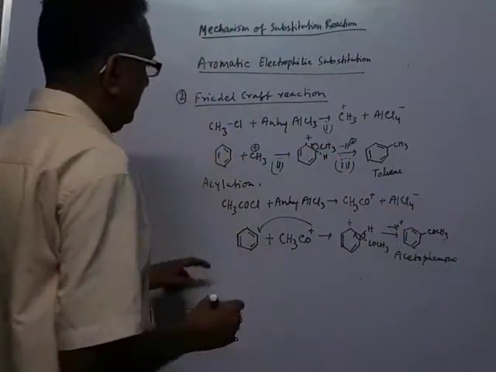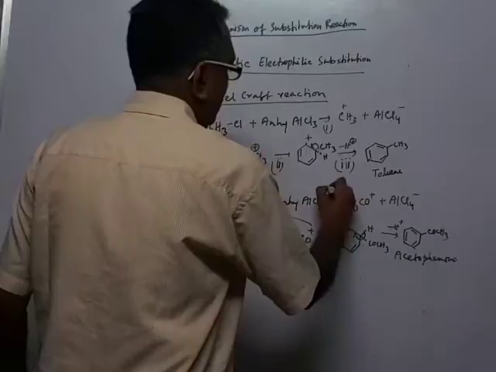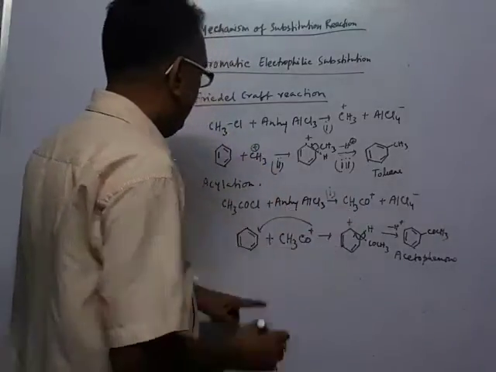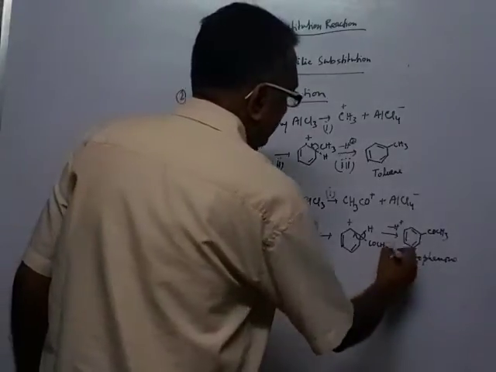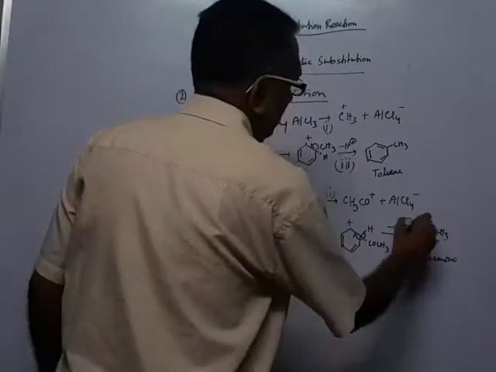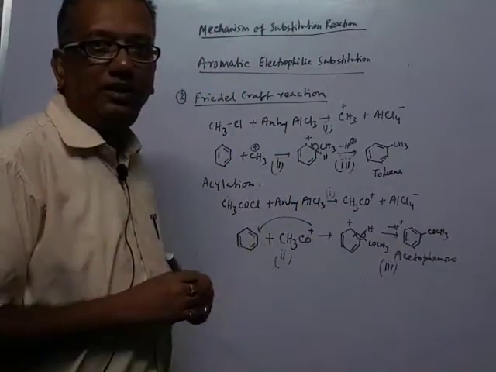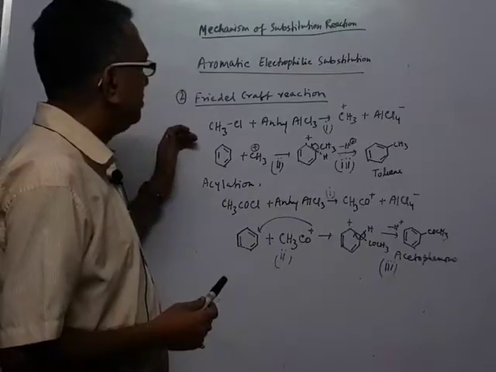So here we are also writing, this is the first step, step 1, where the electrophile is generated. The next step is the attack of the electrophile, and the third step is the removal of this proton, so that aromaticity is regained. So in this way, this electrophilic substitution proceeds.